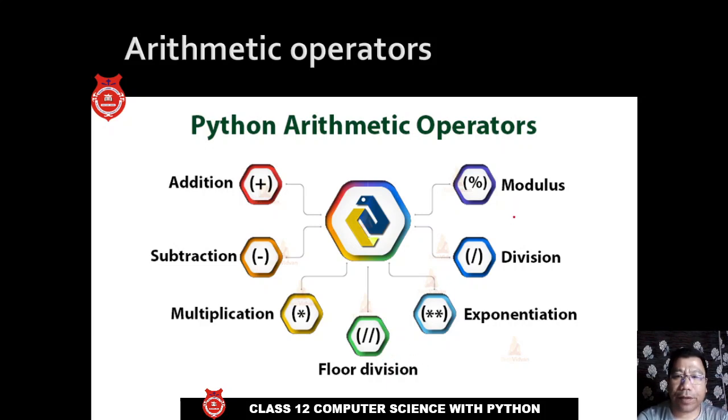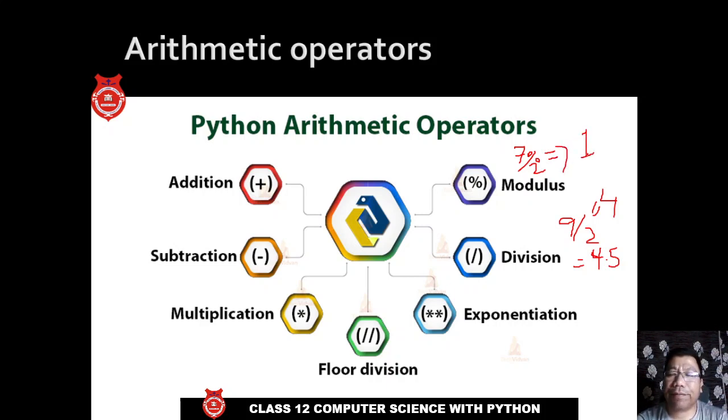Let me explain the normal division. For example, if you divide 9 by 2, you may be expecting the result as 4.5, but you will get only 4 because it is an integer value. There are no points in an integer, right? And if you divide 7 by 2 using the modulus operator, this means you are trying to find the remainder, and the remainder will be 1.